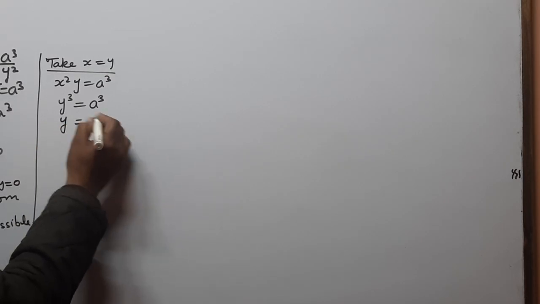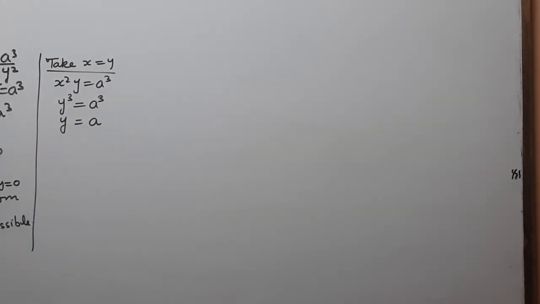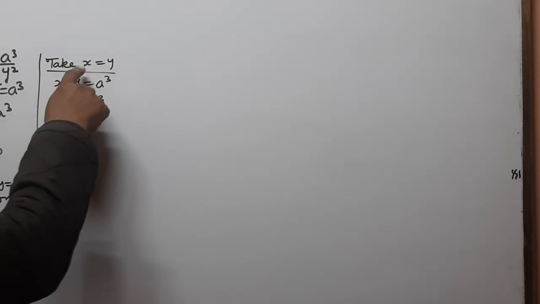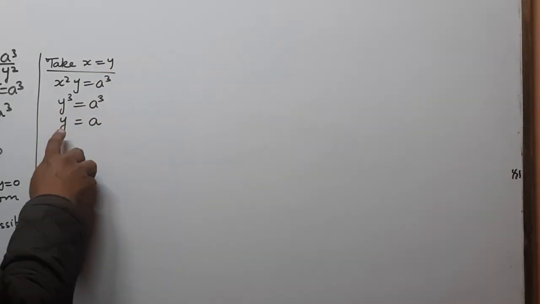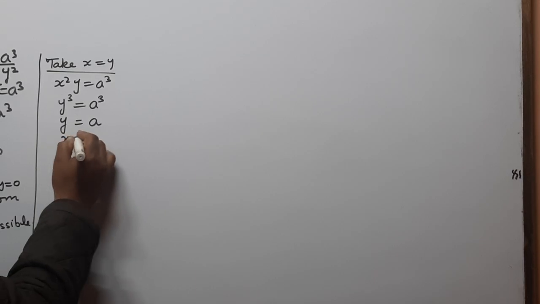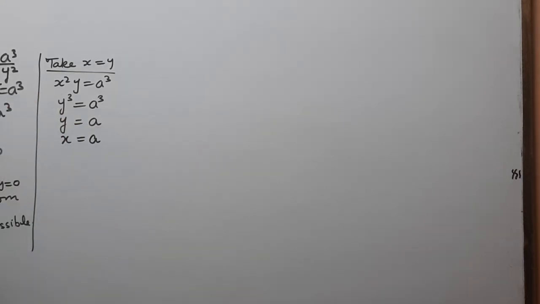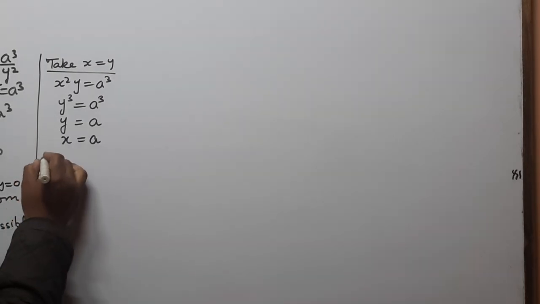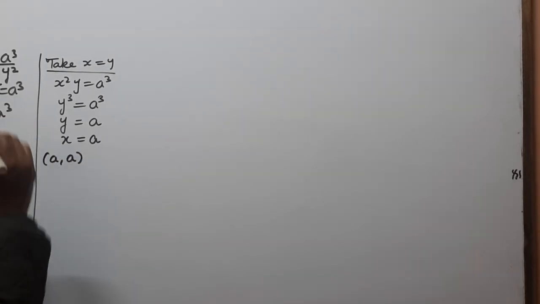From here we find y = a. When x = y, we get y = a, so x will also be equal to a. So one point we find here is (a, a).